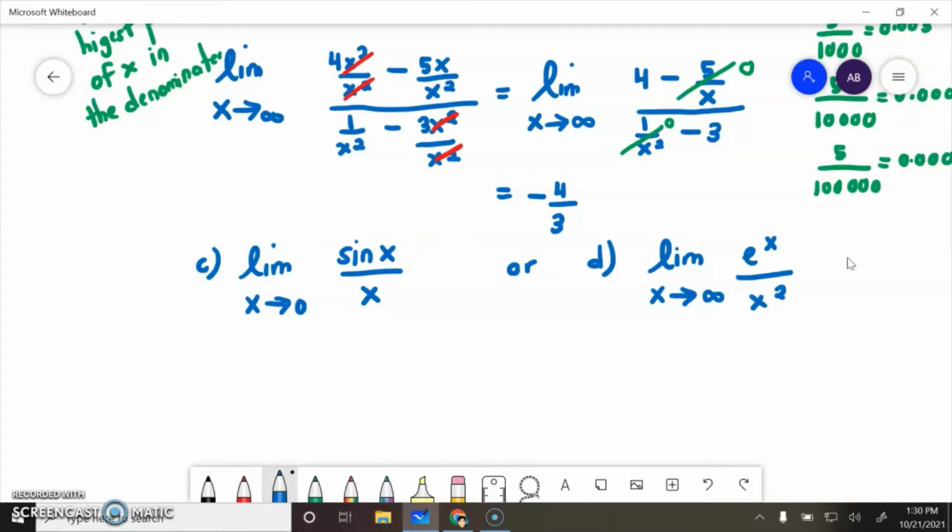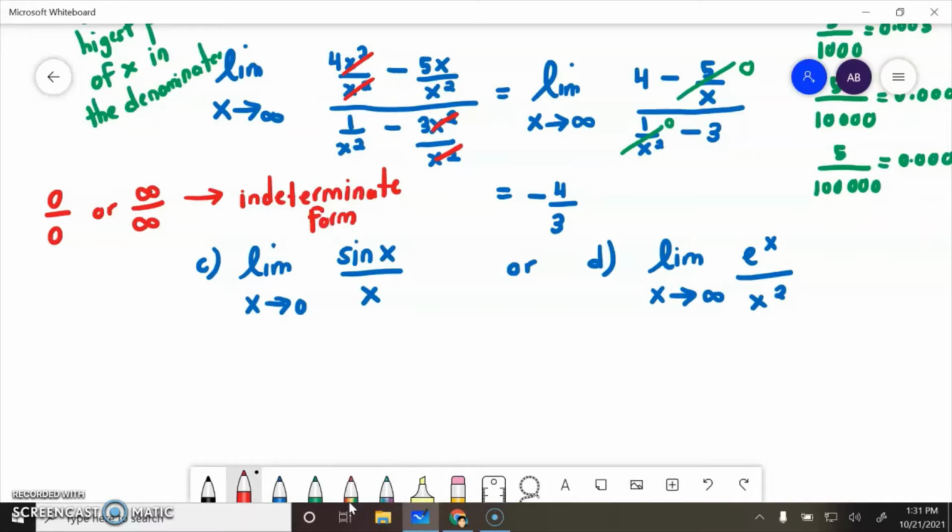Since sine 0 is 0, you get 0 over 0, so you will have an indeterminate form. I forgot to tell you the term here: if you get 0 over 0 or infinity over infinity, or negative infinity, this term you call indeterminate form.